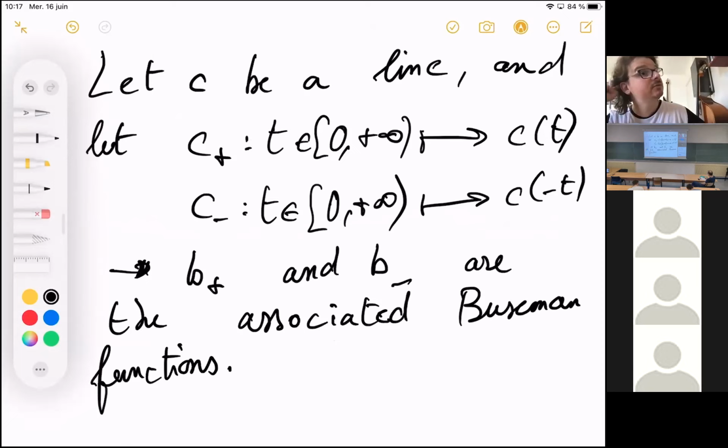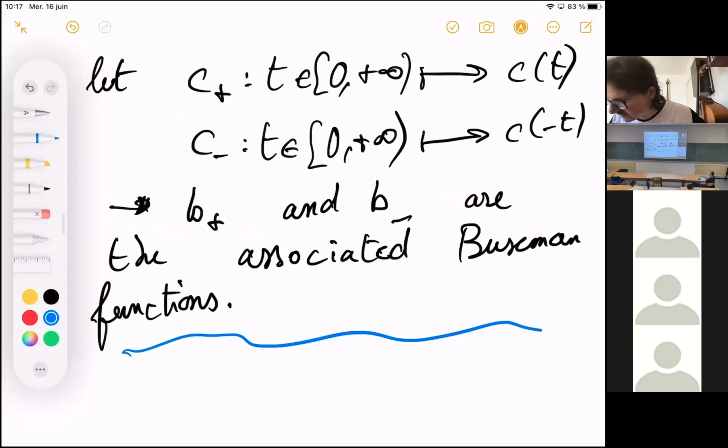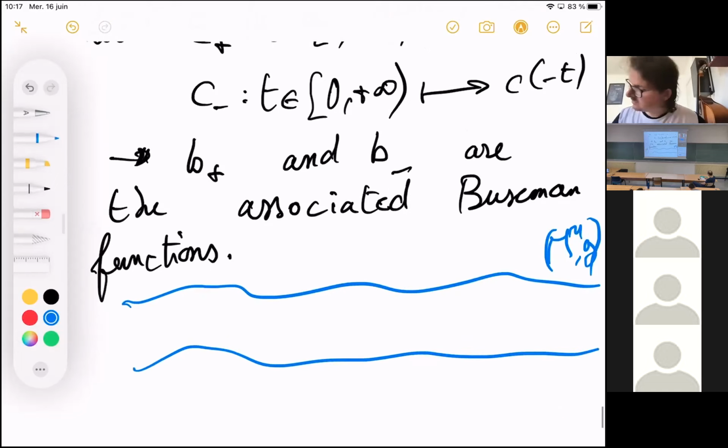It's pretty hard to draw something to illustrate the proof.